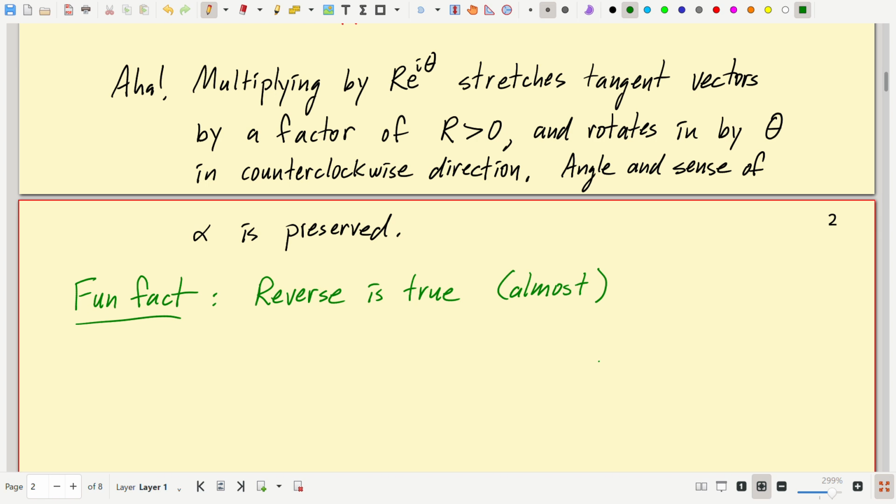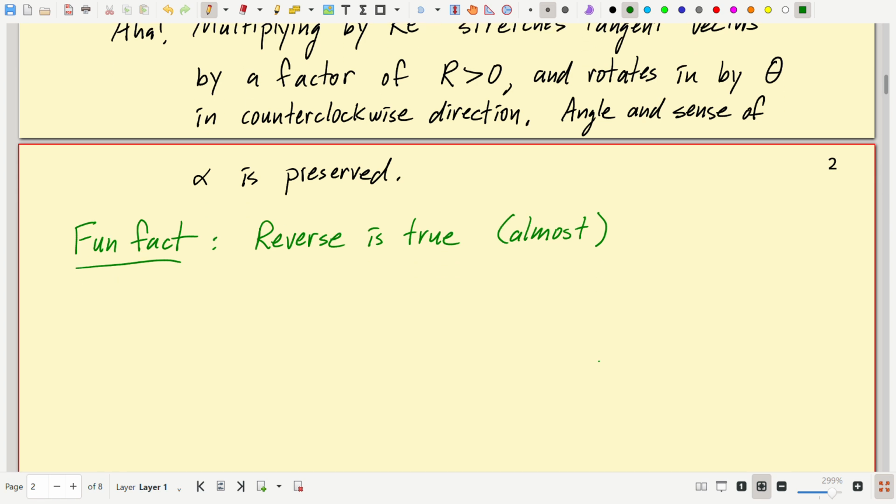And so the reverse is true. Let's say I have a conformal map, F, that goes from R2 to R2. Let's say it's given by XY goes to U of XY, V of XY.